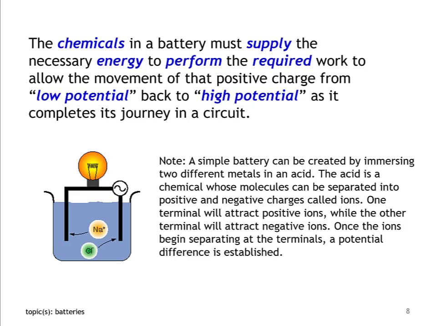What's visualized here is a salt battery. So this is a solution of salt water. And this solution of salt water consists of dissolved sodium chloride, which is salt. The sodium ions are positively charged. The chlorine ions are negatively charged.